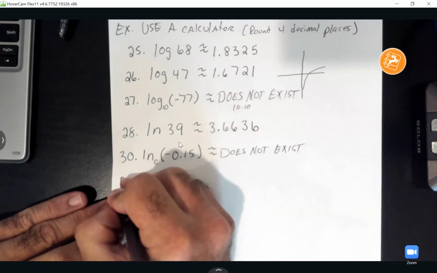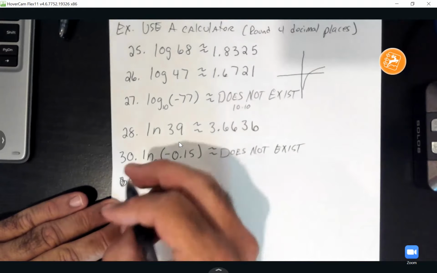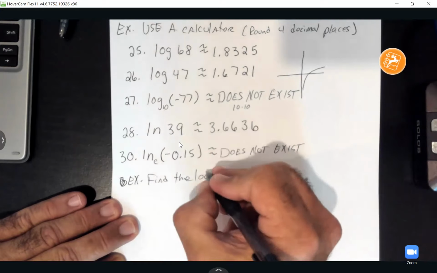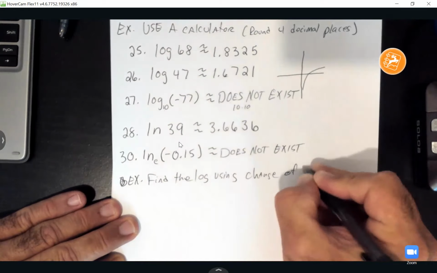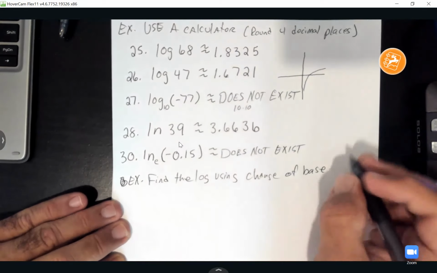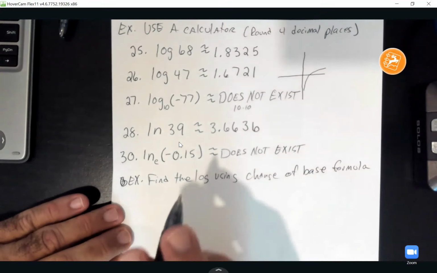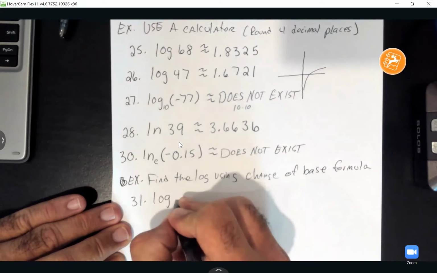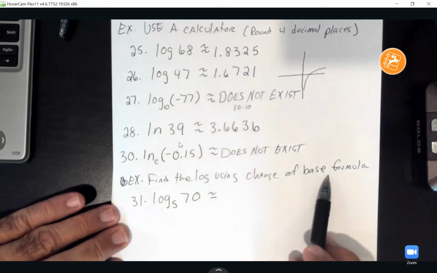Now these ones, these exercises say find a log using change of base formula. Now, we're not doing all this because watch what they're giving me. They're giving me log base 5 of 70. This was old school change of base stuff.